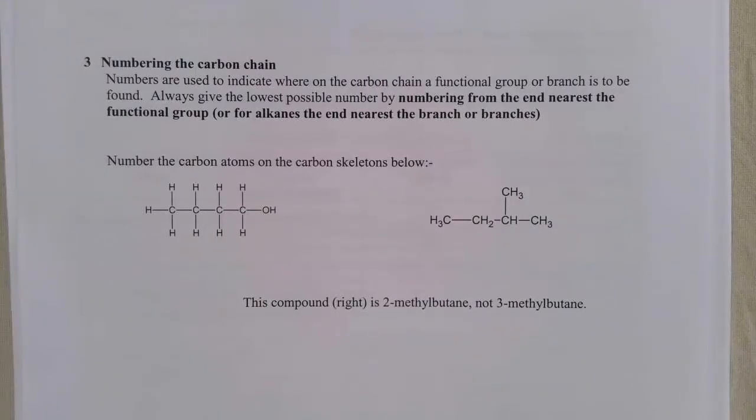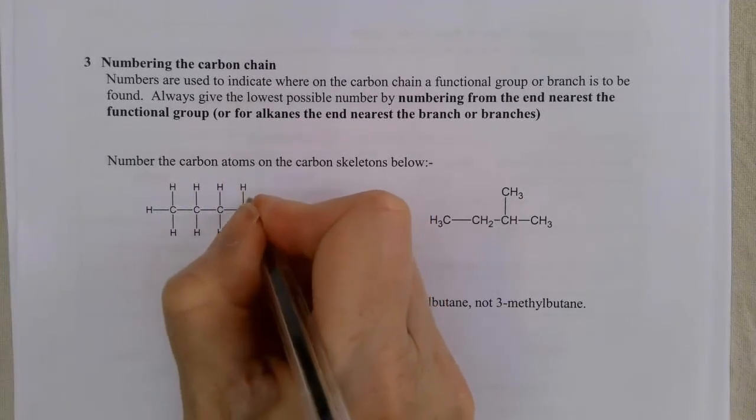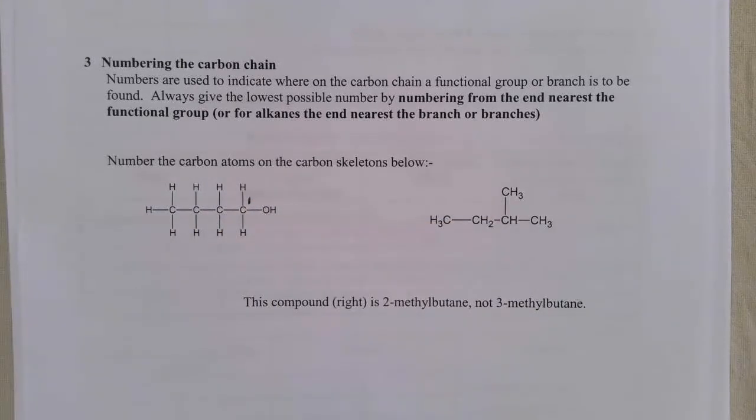So once we've sorted out the number of carbons in the longest chain and the functional group that is present, we need to number the carbon chain. We always number them starting from the functional group, and we always number them so we get the smallest possible numbers. So, for example, in this first example, this is carbon number 1. That's because this is the carbon with the OH group on it.